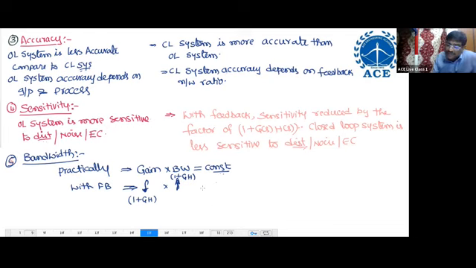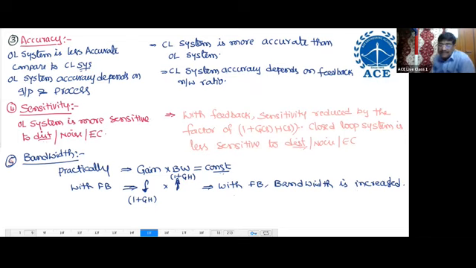Closed loop system. So with the feedback, bandwidth is increased.